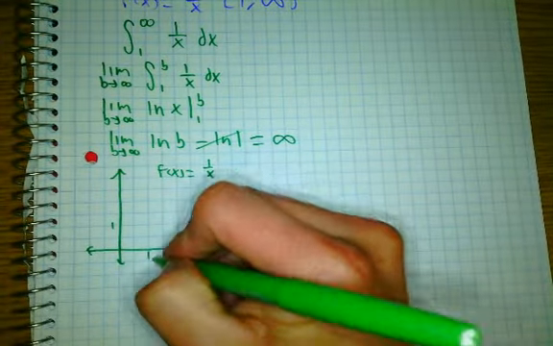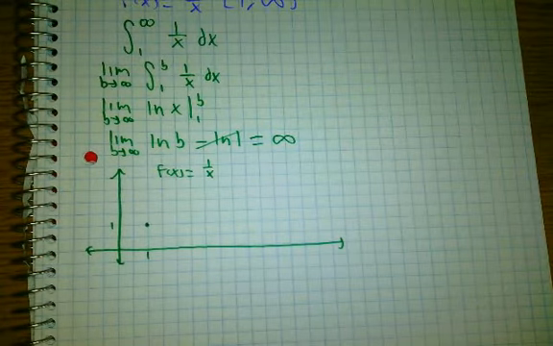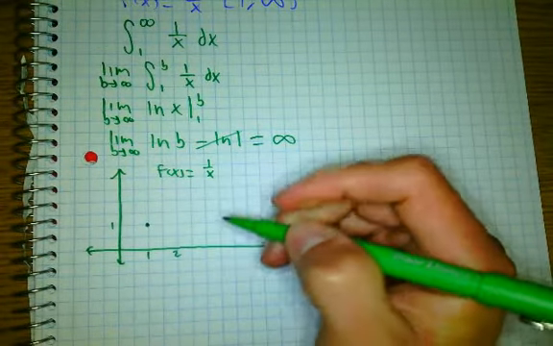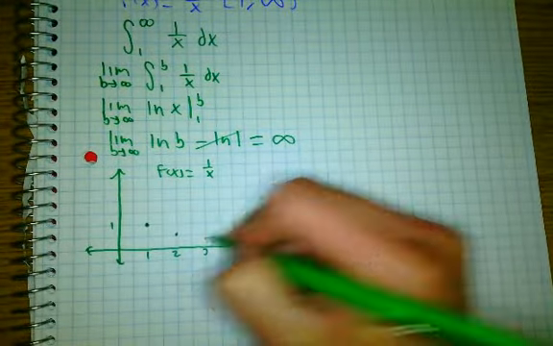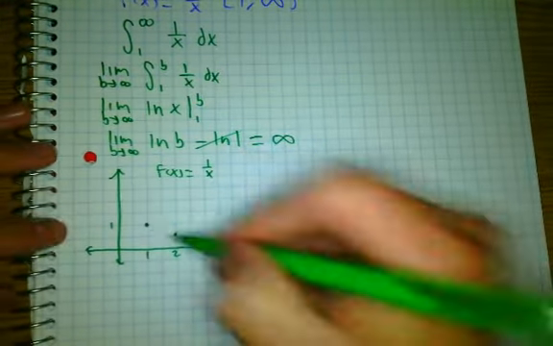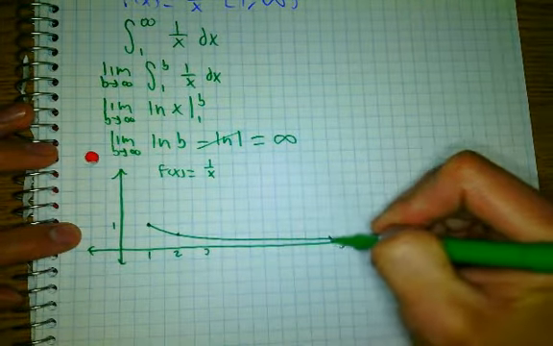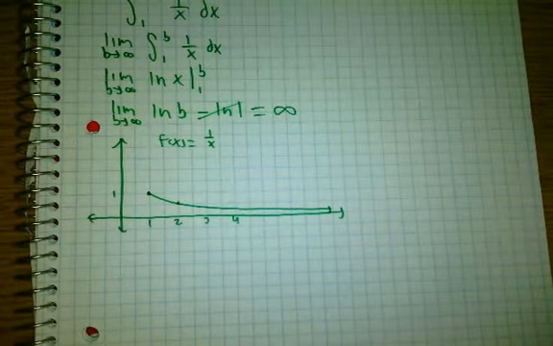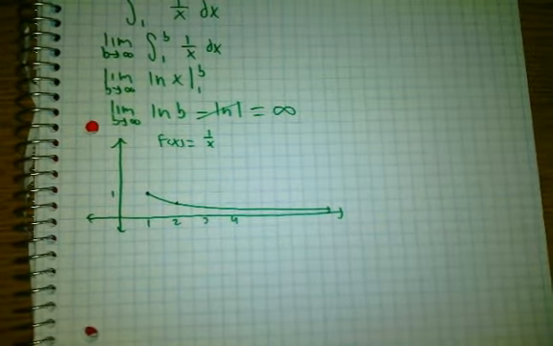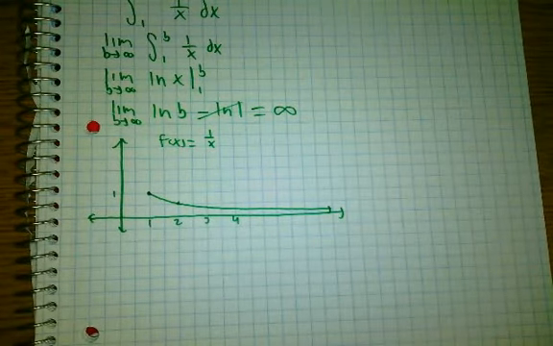At 1, do you guys agree that I would be at 1? And then at 2, where would I be? 1/2. At 3, 1/3, and so on. It just continues to go down. Cool? Alright. What I'm going to do is use a left-handed Riemann sum. Do you remember what that means?